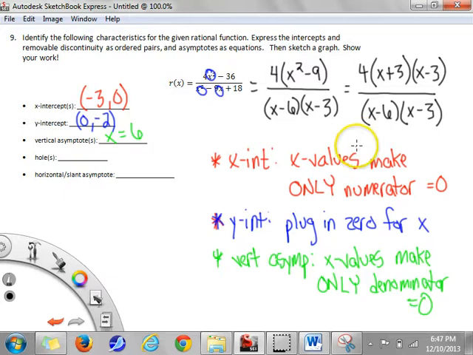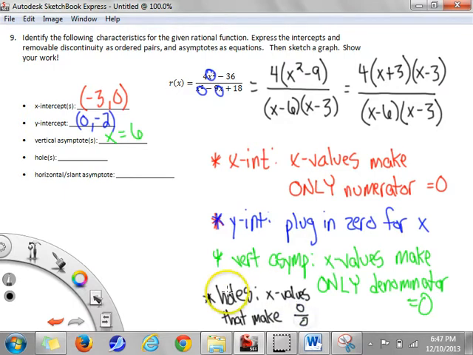The holes come from the factors that cancel. So the holes, x values that make you end up with 0 over 0. 0 in the numerator, 0 in the denominator.